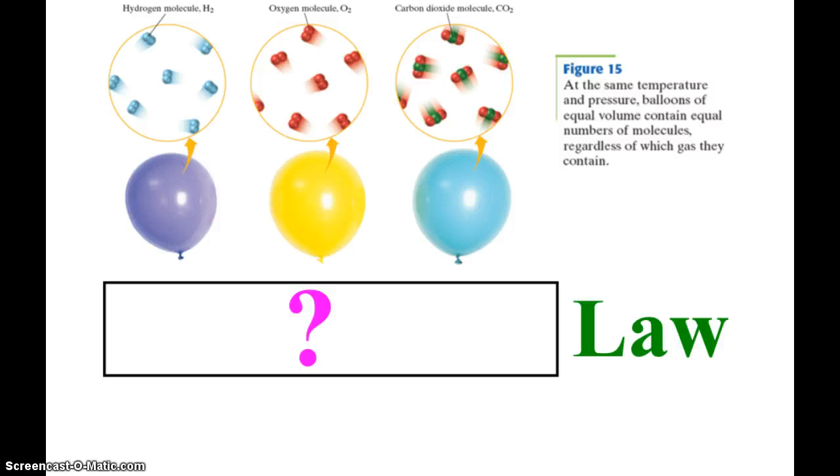Here we see 3 balloons, and they all appear to be the same size, so they have the same volume. 3 different gases, though: hydrogen, oxygen, carbon dioxide. They're at the same temperature and same pressure. Let's call that STP.